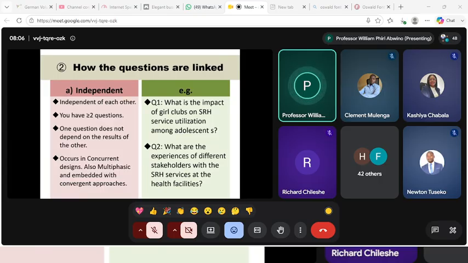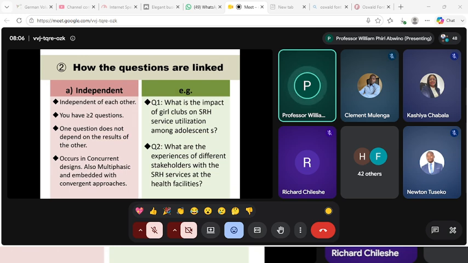How the questions are linked: there is independent, where the questions are independent of each other. You have more than two or equal to two questions. One question does not depend on the results of the other. This occurs in concurrent designs, or multi-phased, or even the embedded ones, the ones I talked about.